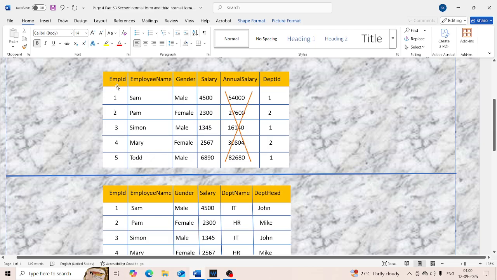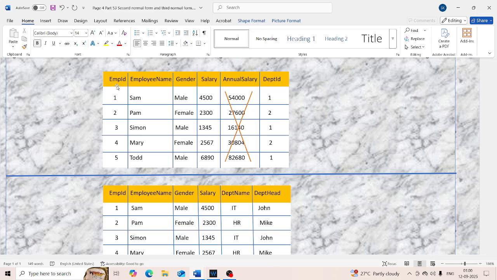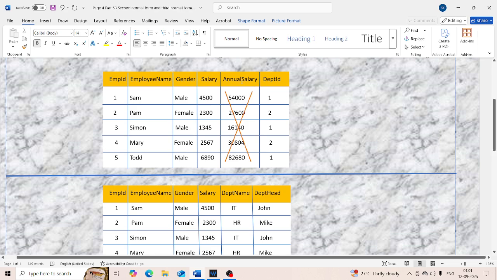This is the primary key. I once again reiterate it.